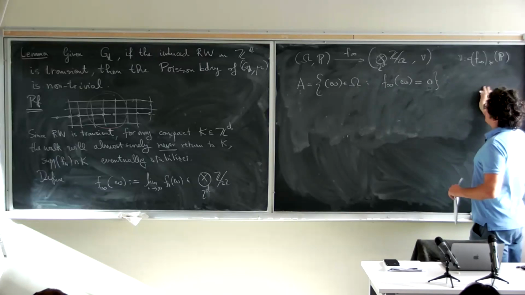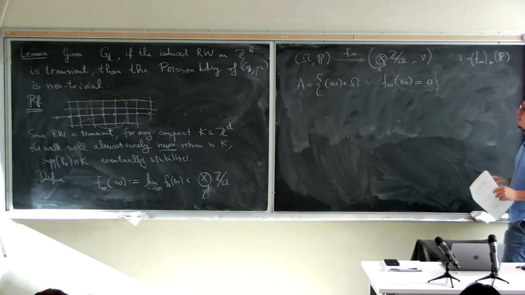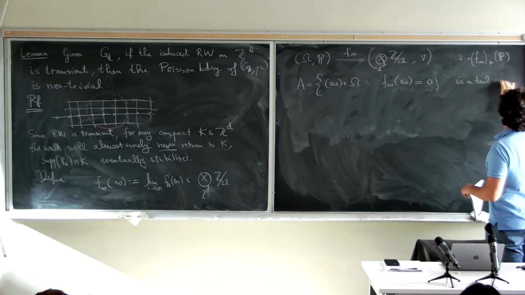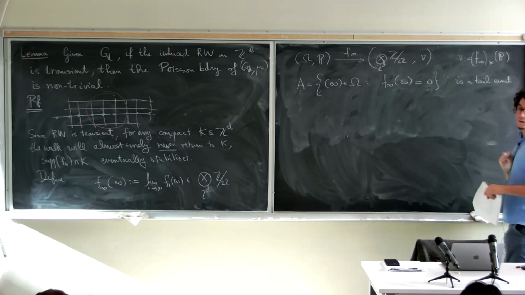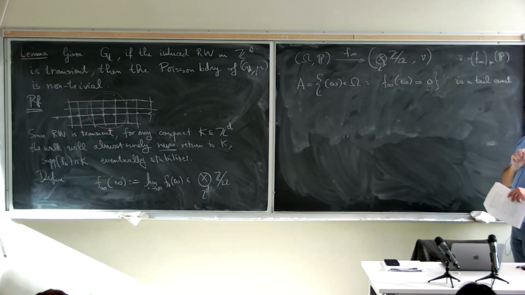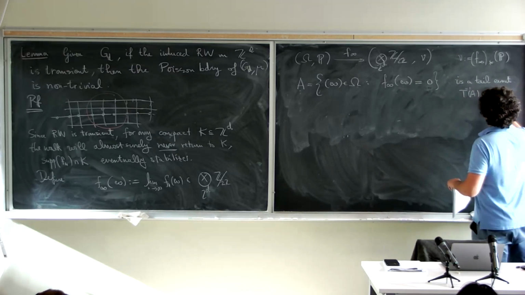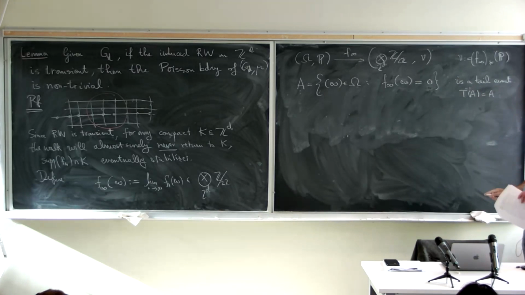We can consider this event, and this is a tail event, meaning that T inverse of A equals A. And so if we know that there is one tail event which has probability neither 0 nor 1, we know that the boundary is non-trivial.